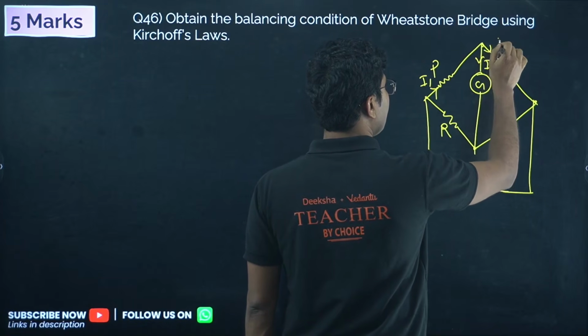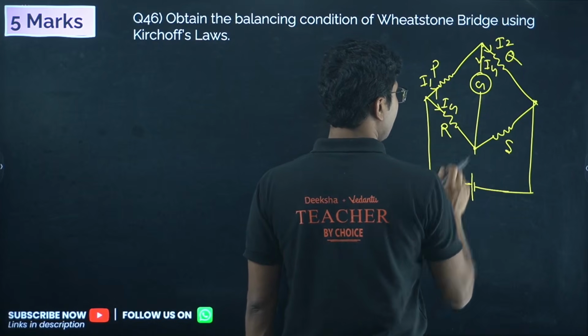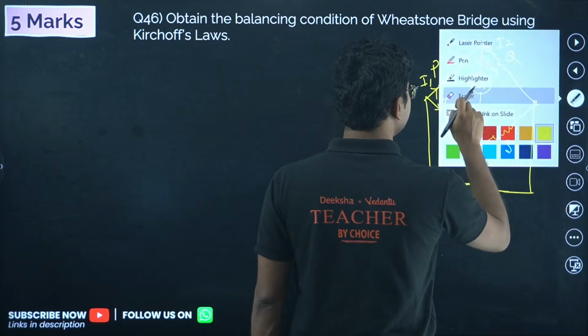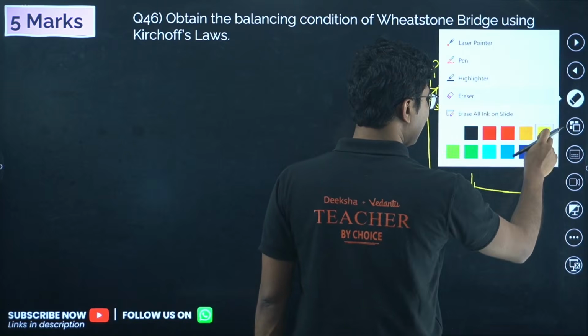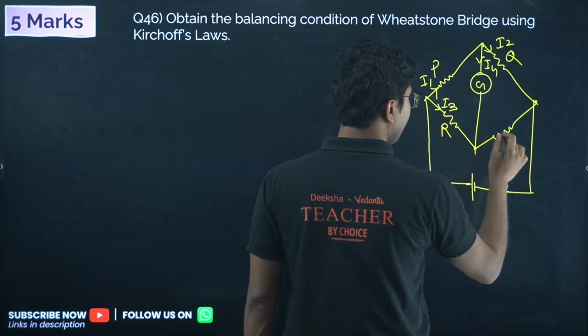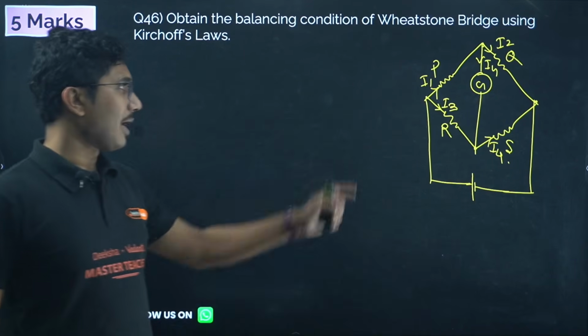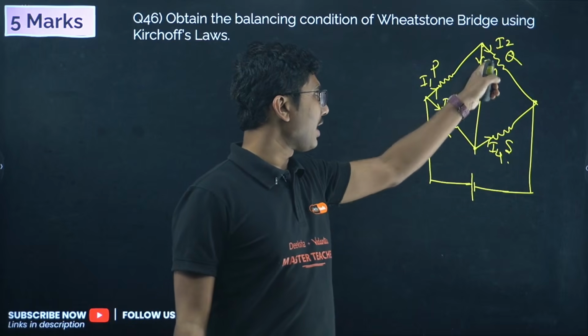Okay, so current I2 is going there, I3 is going there, and I4 is coming there. Okay, no need to apply Kirchhoff's laws here as of now, especially the Kirchhoff's current law. You just mark them I1, I2, I3, I4 and this IG.